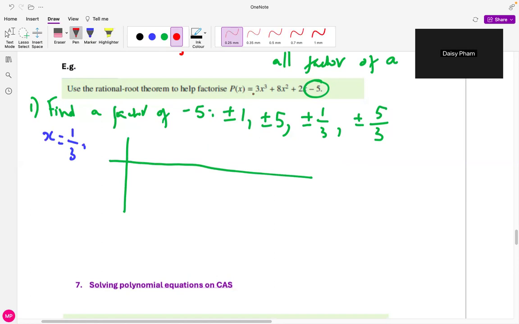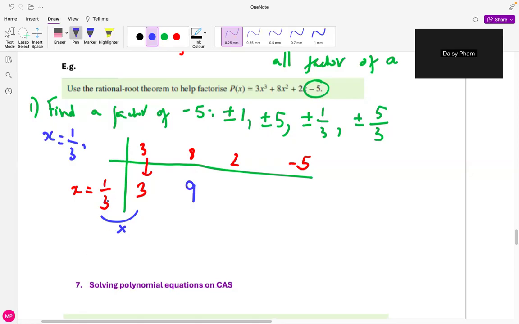So you have 3, 8, 2 and -5, 3, 8, 2 and -5. Then you have x equal 1 over 3 here. So 3, bring it down. Then you do 1/3 times 3 is 1, plus 8 is 9. Perfect.